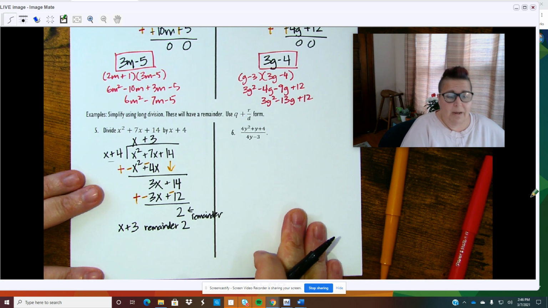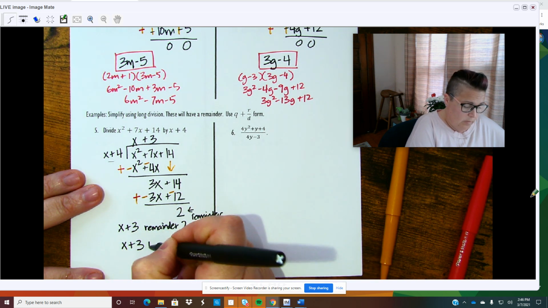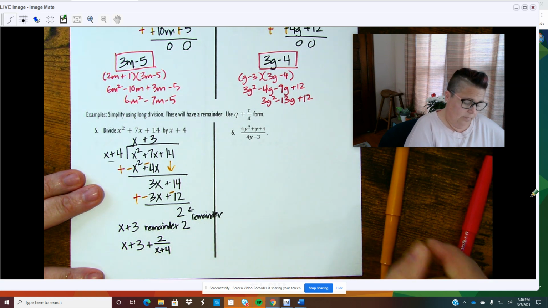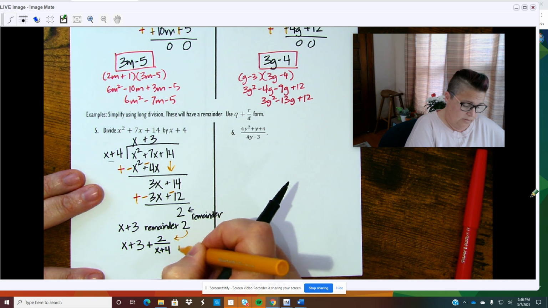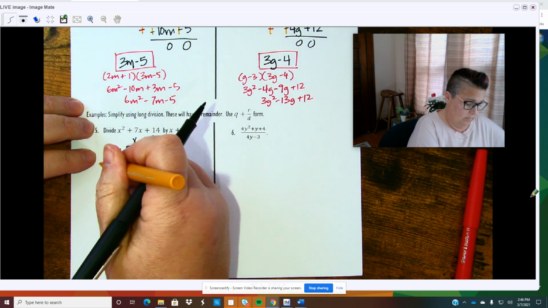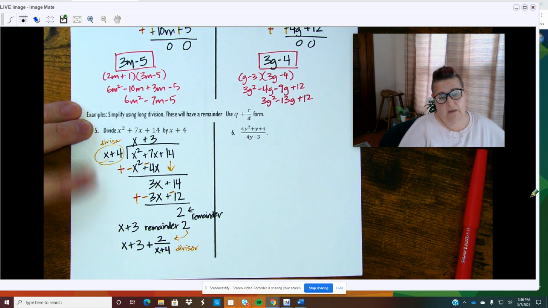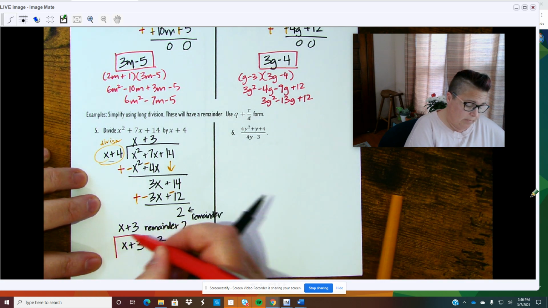The way that we write this is x plus 3 plus 2 over x plus 4. The remainder over the divisor from here. Okay, so that's where that's coming from. This should be my answer.